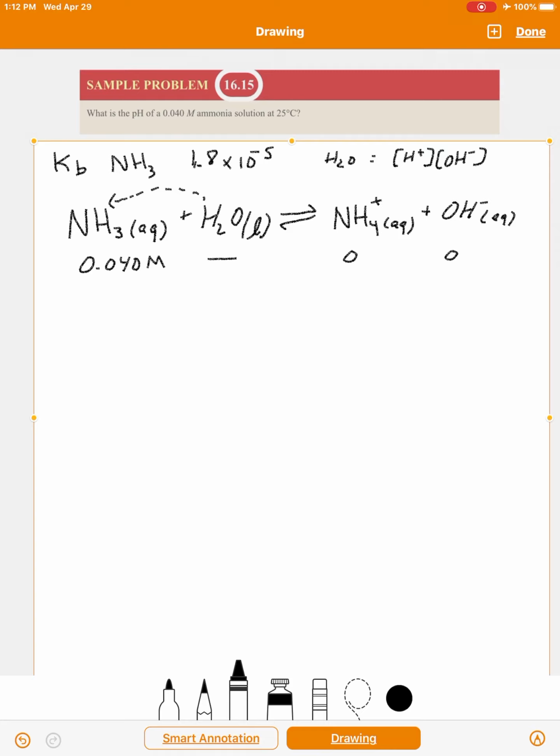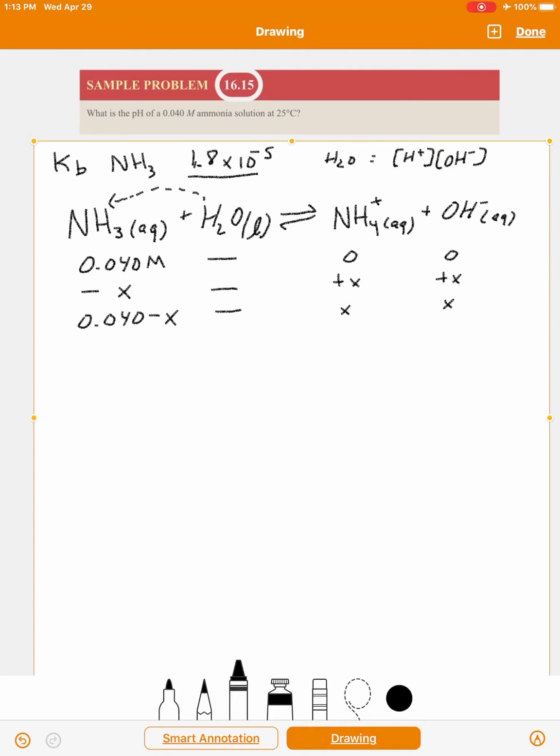Q is less than K. K is given here. So that means the reaction proceeds toward the right, away from the reactants. So minus X, plus X, plus X. At equilibrium, we just take the initial and we add to that the change, ICE, 0 plus X is X, 0 plus X is X.